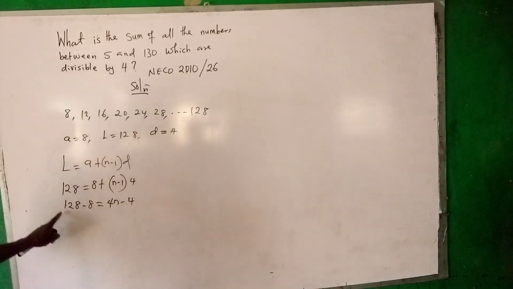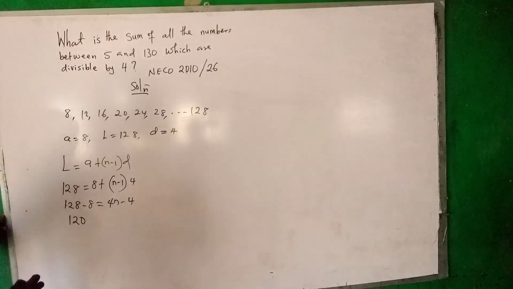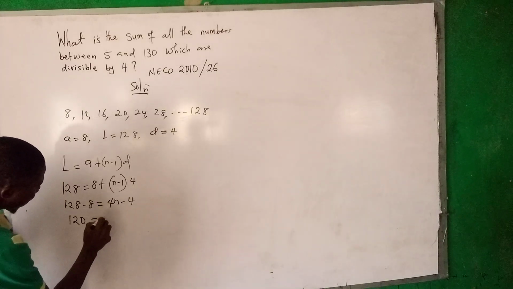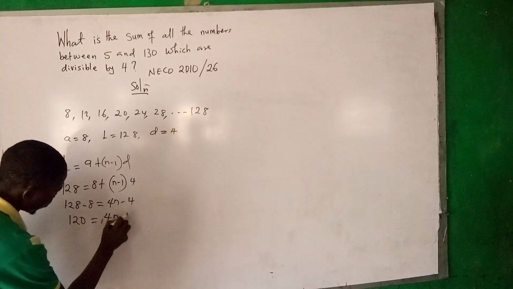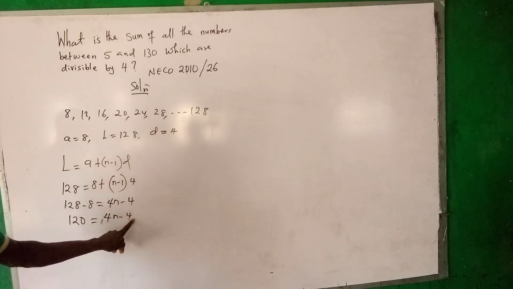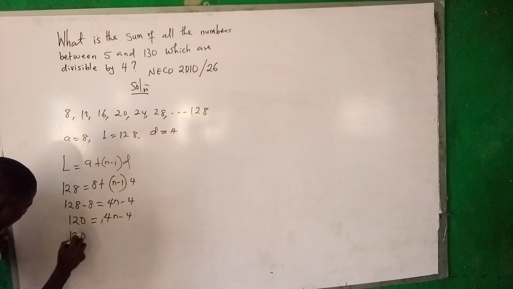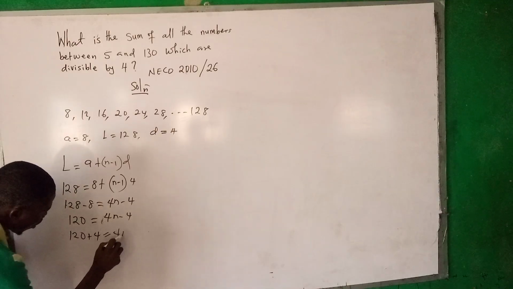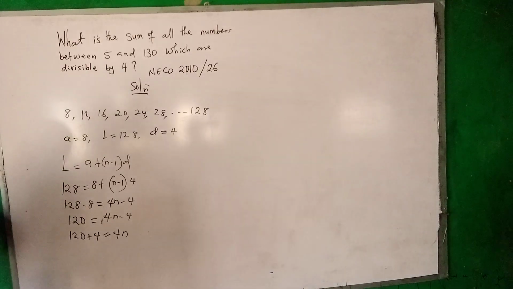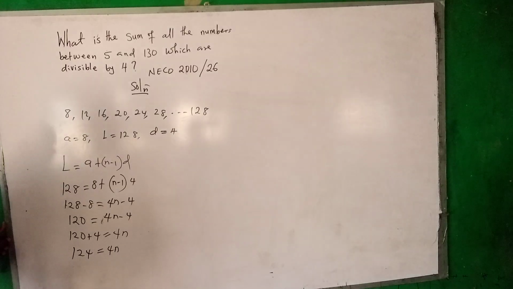Now, 128 minus 8 is 120, equal to 4n minus 4. Take minus 4 to this side, and it becomes 120 plus 4 equals 4n. 120 plus 4 is 124, equal to 4n.